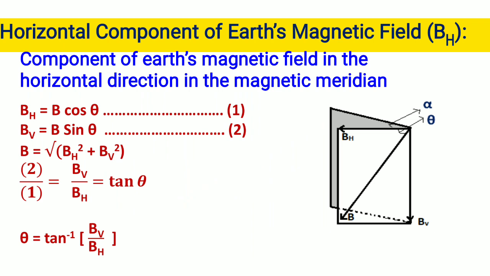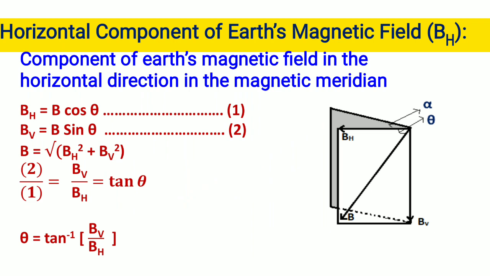Then BH is the horizontal direction, BV is the vertical direction, and theta is the angle between them. So what is the horizontal component? It is the component of the earth's magnetic field in the horizontal direction at the magnetic meridian. As the picture makes clear, BH is equal to B cos theta, and BV is equal to B sin theta.